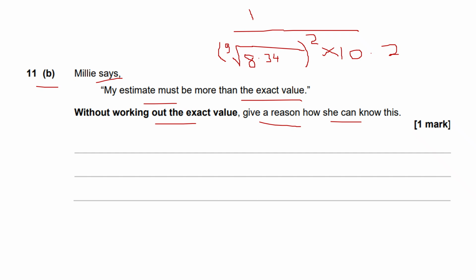Okay, so because each decimal number got rounded down, so this obviously went down, this also went down, okay, so her overall answer has obviously gone up, okay, because I rounded each number down, if that makes sense.